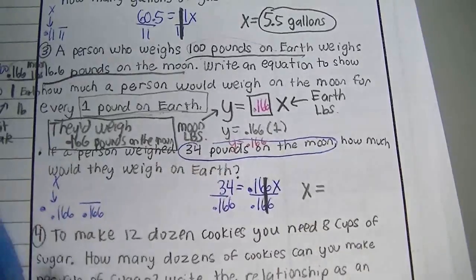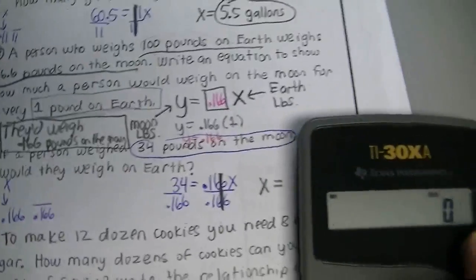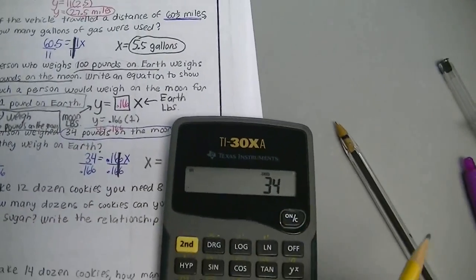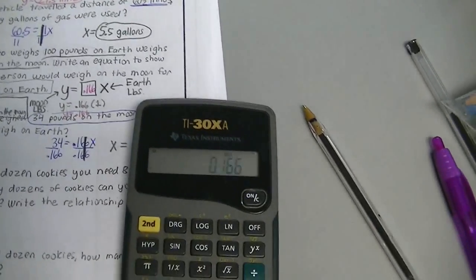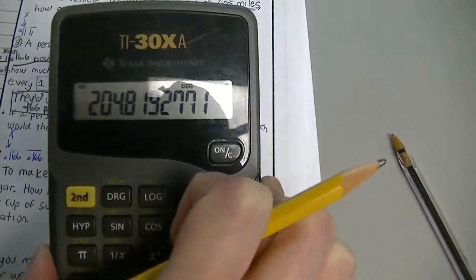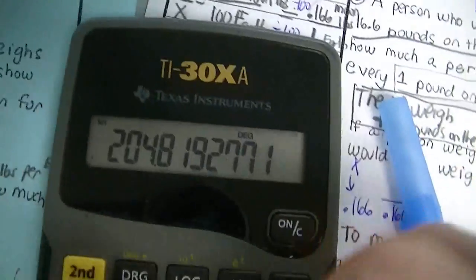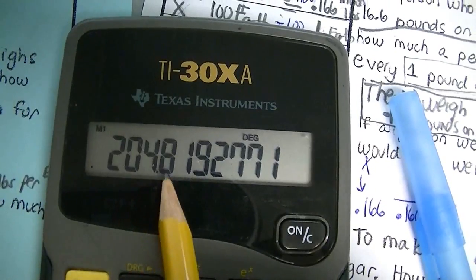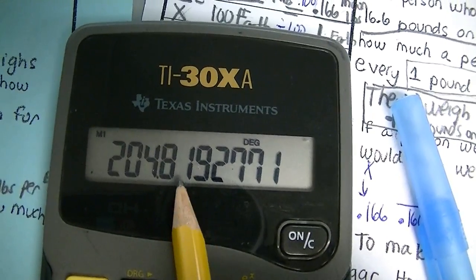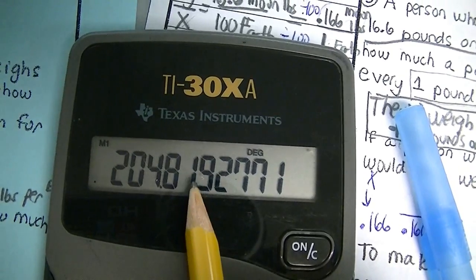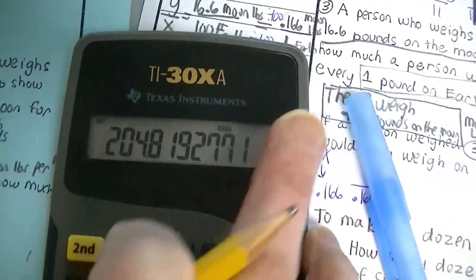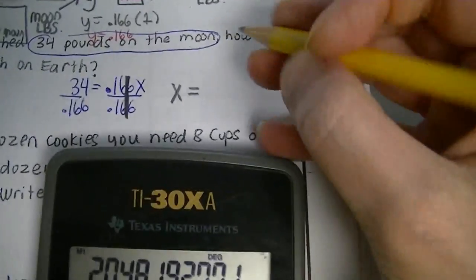And then 34 divided by 166 thousandths is, I got this, okay? So let's round it to the nearest hundredth, 204.82, because right here is the hundredths place. You look behind it. If it's 5 or above, this 1 turns into a 2. So that's what I'm going to write.